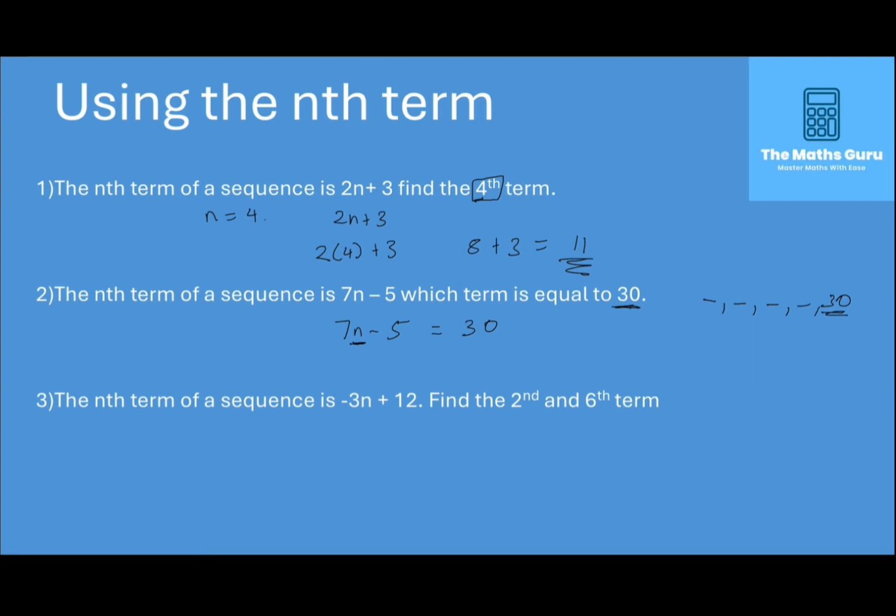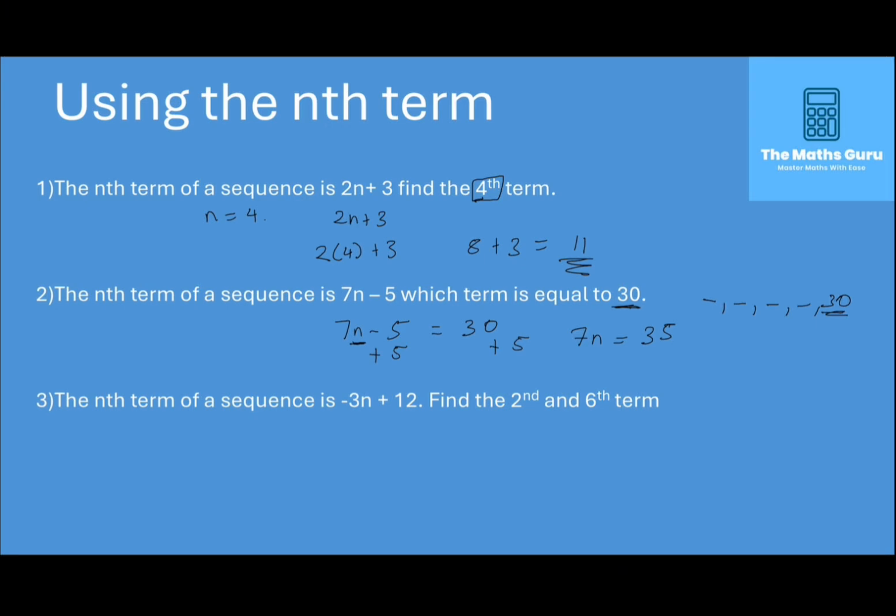So we solve this as it is an equation. The first stage here is to get the numbers on the same side and the n's on the same side. Obviously, in this case, there's only one n, so we have to move the 5 over to the right hand side. So we plus 5 on both sides, and we get 7n is equal to 35.